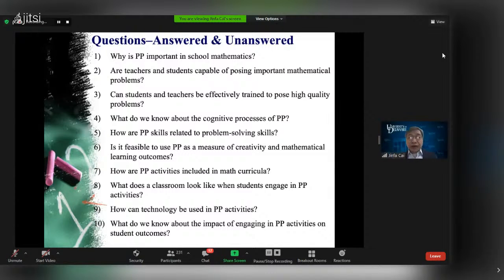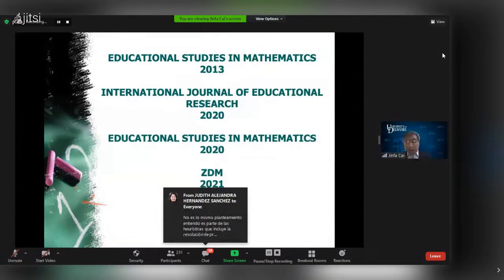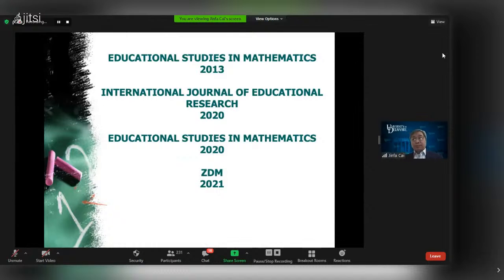Okay, so this is a little bit of history about problem posing research. The problem posing research has drawn quite a bit of attention. I want to point out four special issues all on mathematical problem posing. In 2013, ESM published a special issue on problem posing. International Journal of Educational Research last year published a special issue on problem posing.